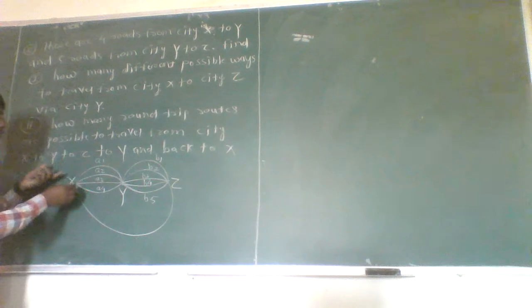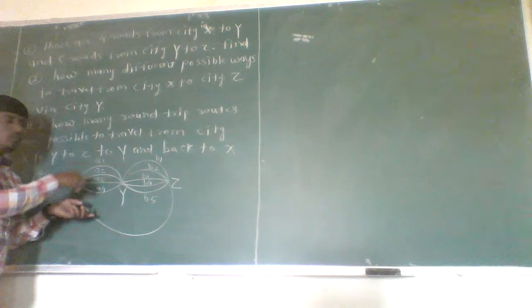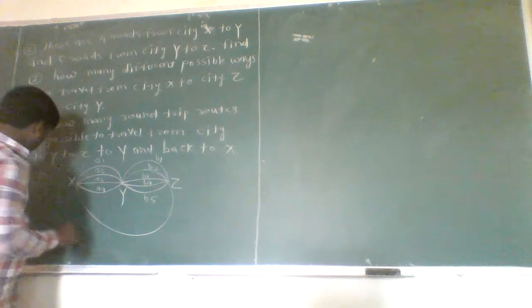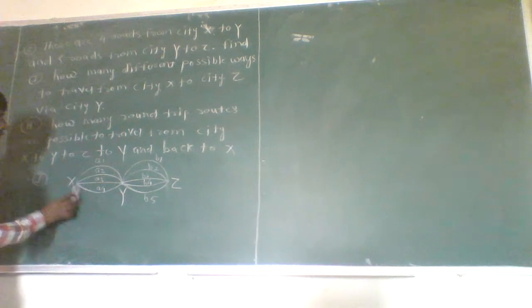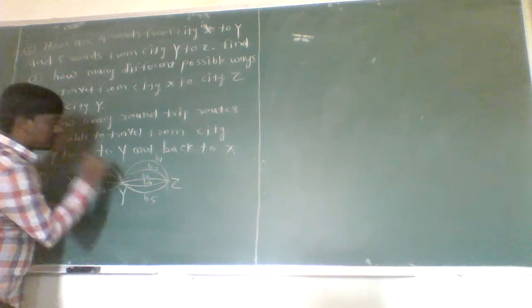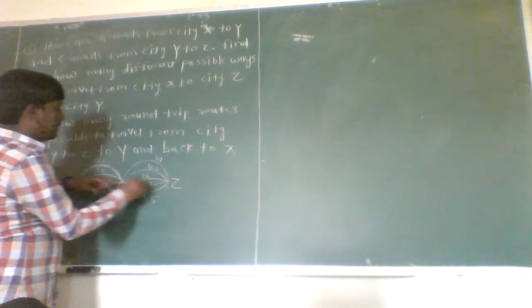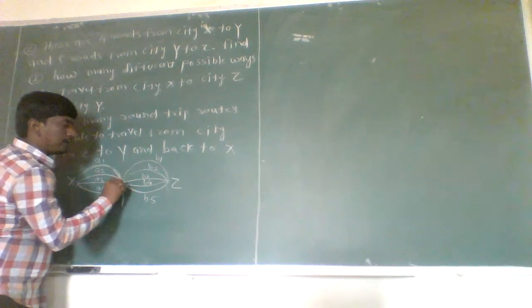We can't take any other route from X to Z. That is, we have to travel via Y. So now if we travel from city X to city Y by this road A1, then from this Y there are 5 possibilities. We can take one of the B1, B2, B3, B4 or B5 from Y to Z. So for A1 there are 5 possibilities.